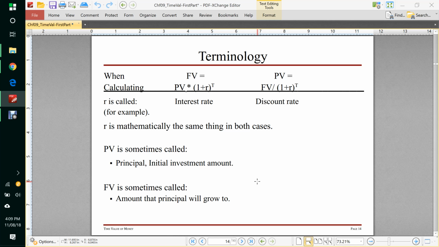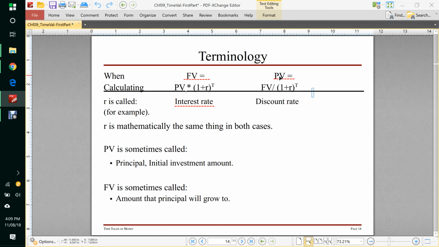Okay, a little bit on terminology. When we are calculating future values here, then R, that algebraic quantity R, is called our interest rate. Okay, and because this is finance and it's kind of like accounting and we have to have more than one name for everything, you know the drill at this point.